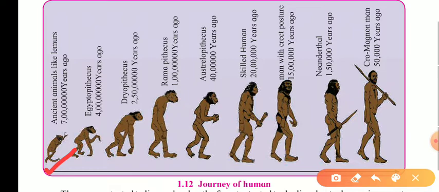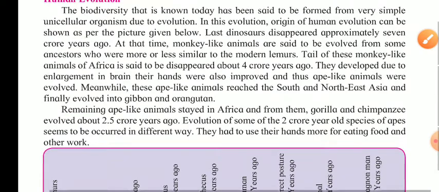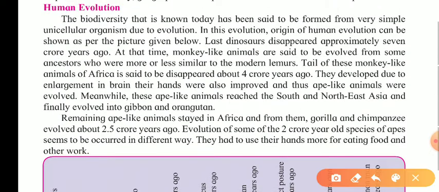Then they developed into Egyptopithecus, which was almost 4 crore years ago. Here they mention that the biodiversity known today has been said to be formed from very simple unicellular organisms, and at the beginning of the chapter we already studied that life started with unicellular organisms.